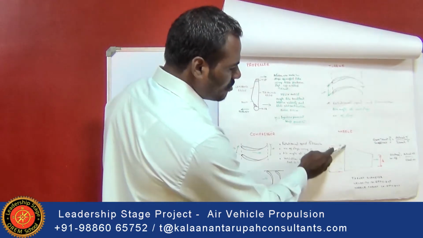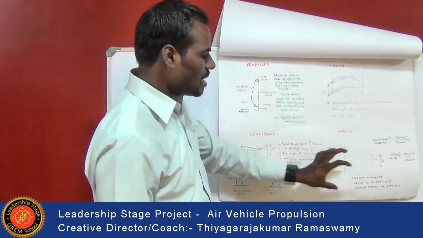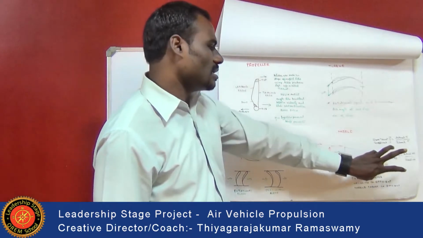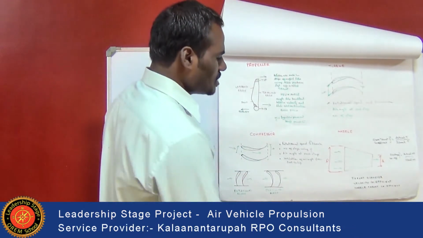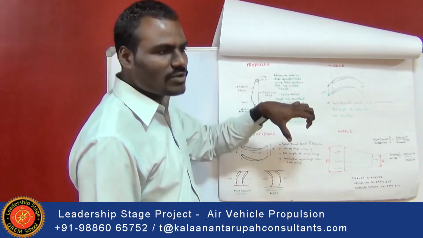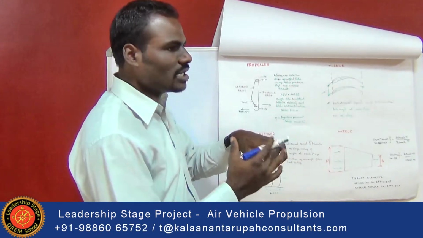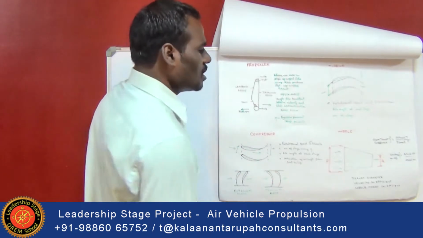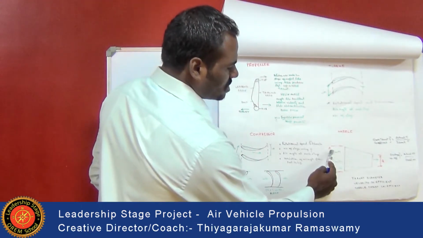The major thing we have to concentrate on is the diameter of the inlet and the exhaust of the nozzle structure. The inlet of the nozzle structure will be attached to the outlet of the turbine structure, so that the expansion process is carried out.